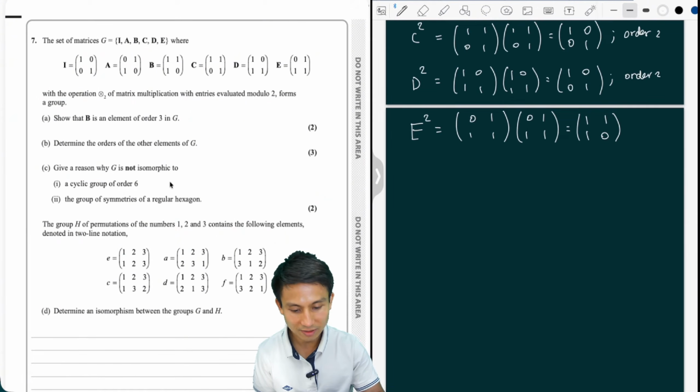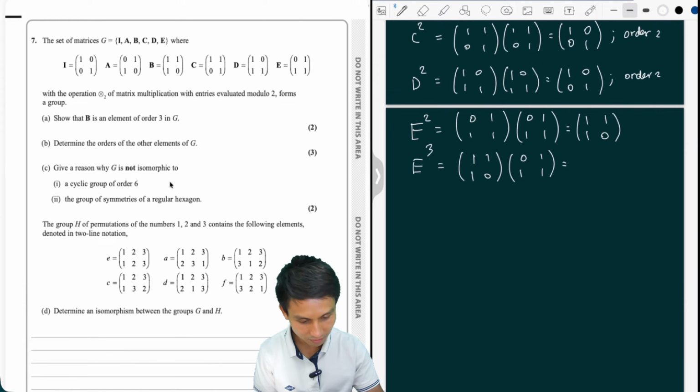That's not the identity yet, so we do it again and multiply by itself, which is 0, 1, 1, 1. Again, 0 plus 1 is 1. 1 plus 1 is 2. Modulus 2 is 0. 0 plus 0 is 0. 1 plus 0 is 1. So that is the identity. So this is order 3.